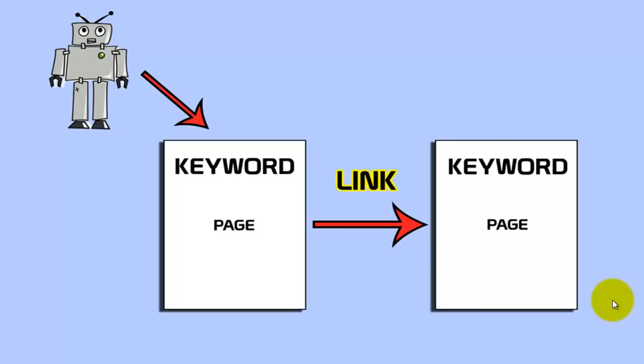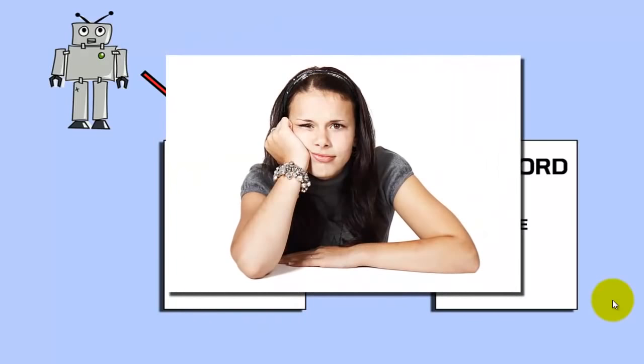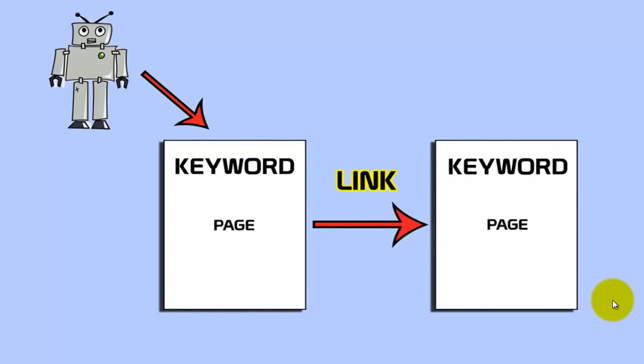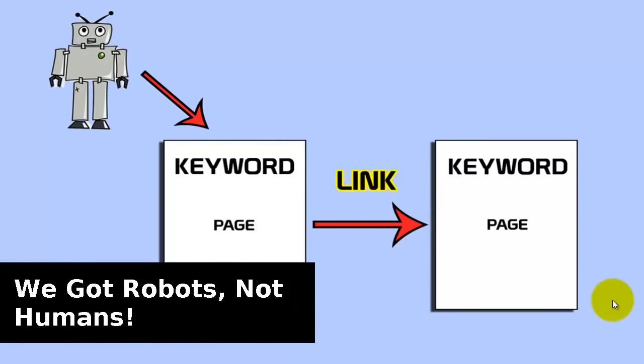That would be very monotonous, because every single day new websites are updating their content, publishing new content, so it would be nearly impossible for people to perform all of that work. What we have are robots, or you can also call them crawlers.